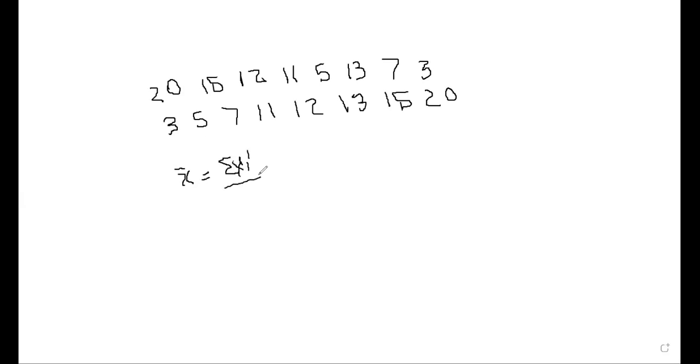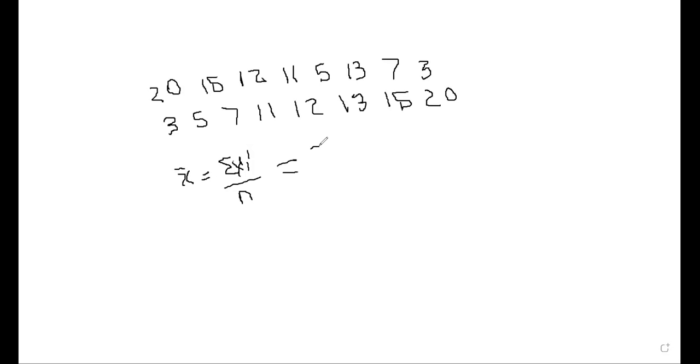So with the summation, you are going to add all those values that are in your data set. Then you're going to say 3 plus 5 plus 7 plus 11 plus 12 plus 13 plus 15 plus 20.